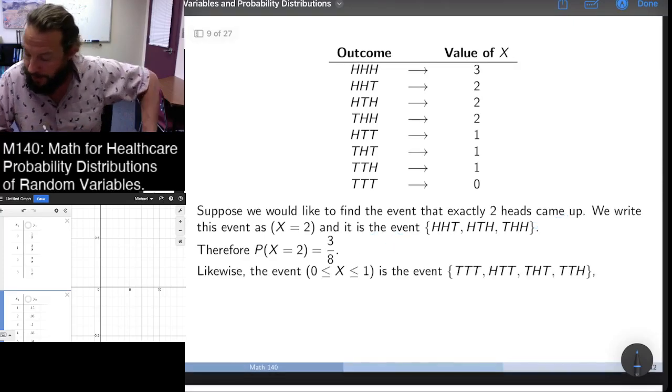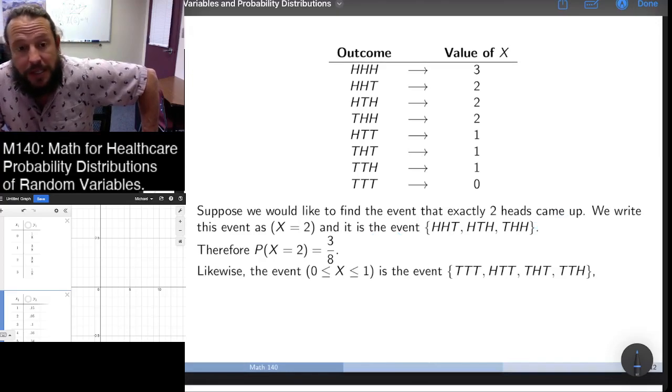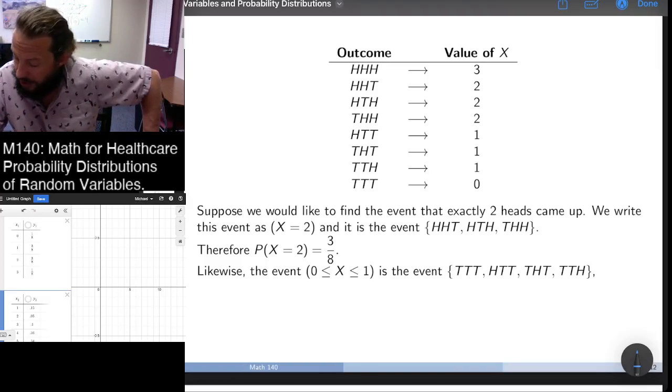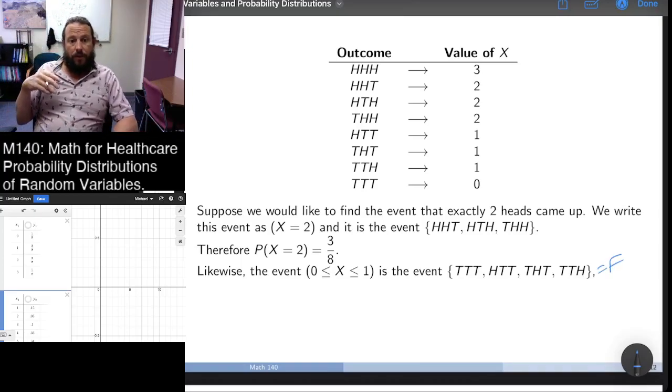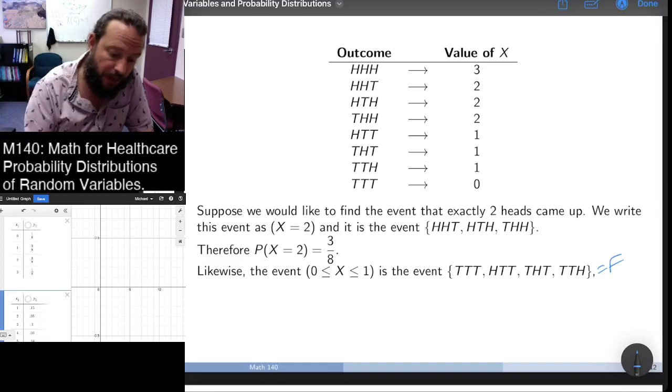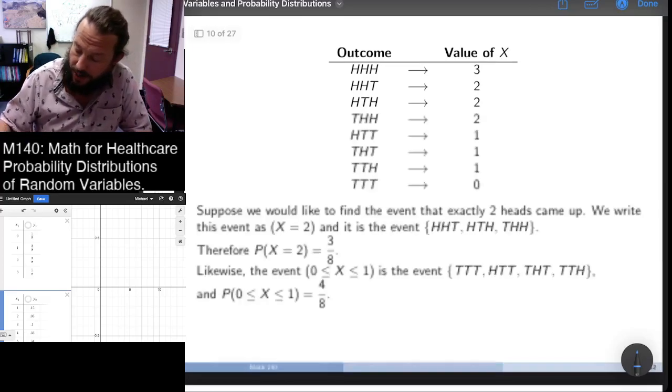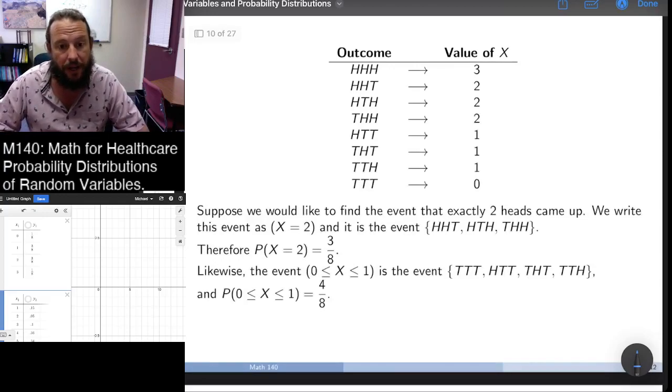Now, likewise, the event where x is greater than or equal to 0 and less than or equal to 1, so anything that is 0 or 1 in this case, because you can't be in between, right? So all tails, head, tail, tails, and so on. Let's say we'll call that event F. And of course, similarly, now we could find the probability of that. We go up to our sample space and we count how many of them.